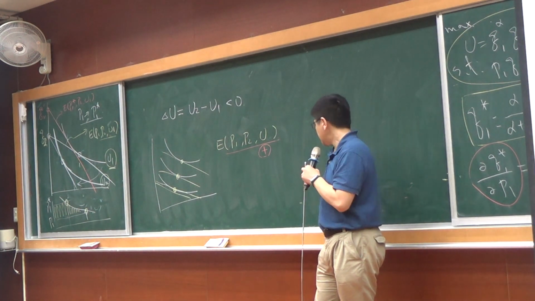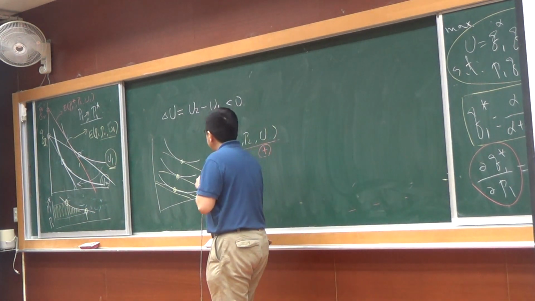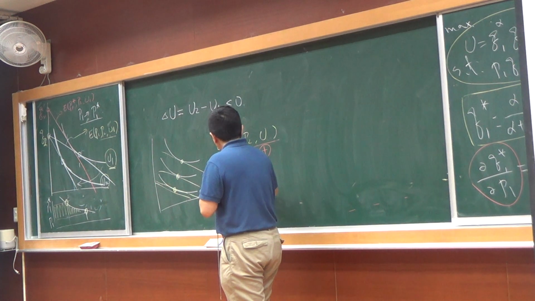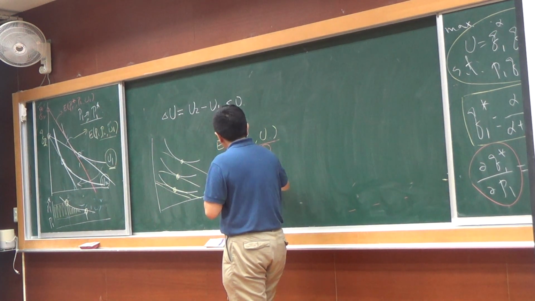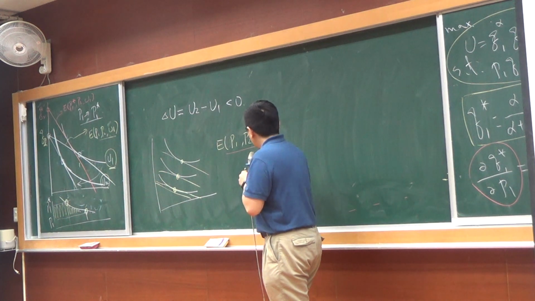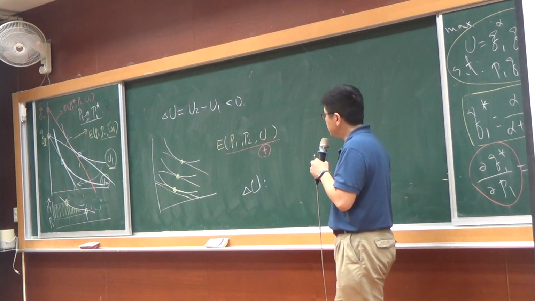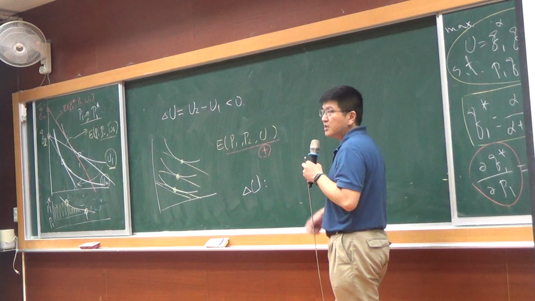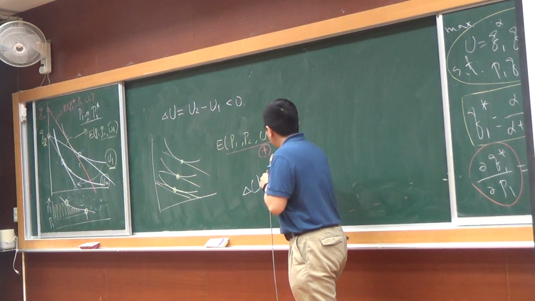Okay? Now, we may measure delta U using E. So how do we measure delta U using E? The new one: what is the new one?